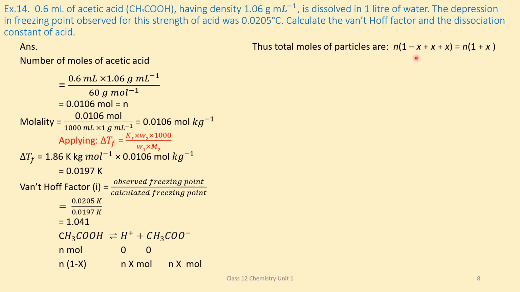Simplifying, we get n into 1 plus X. Therefore, total moles of particles are n into 1 plus X. Now, writing the formula of i factor, we can write it as i is equal to n into 1 plus X divided by n.